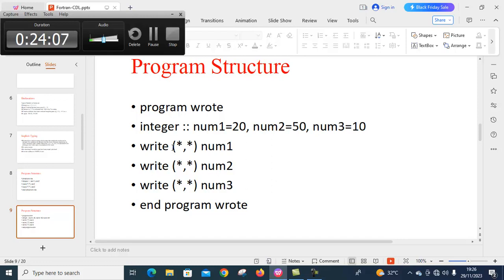The write statement is used to write a statement to the default output, and this is the syntax. Now I told you the other time that the read statement reads from standard input or from a file.